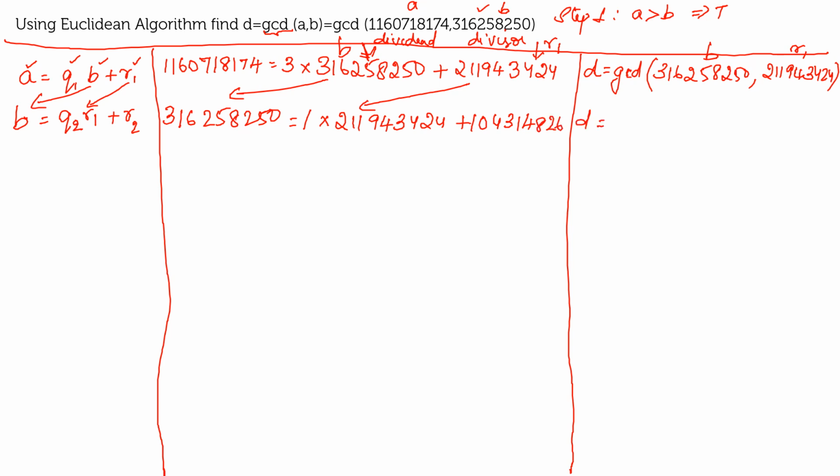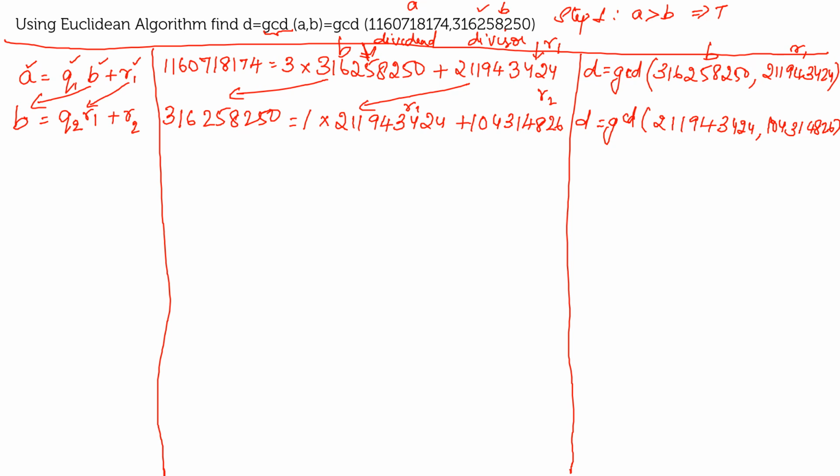Now what will be your next step? GCD of, what will be your values? R1 and R2, right? So 211943424 comma 104314826. Okay, this is your step 2.